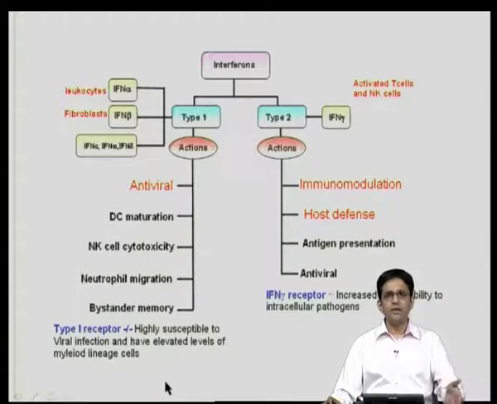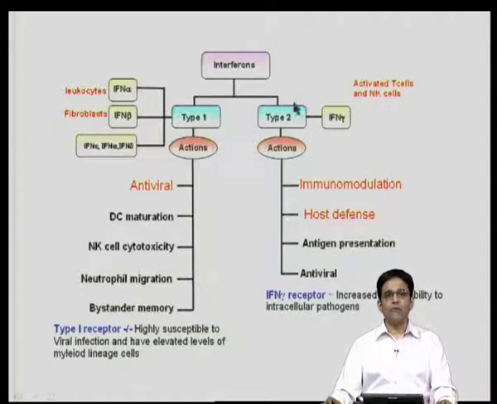That is probably because the interferons inhibit this particular lineage of cells, and in the absence of it, these cells sort of take off. So, they might have some growth regulatory properties, but the primary effects of type 1 interferons are antiviral, and that is how they were discovered, and it is very important that we understand that.